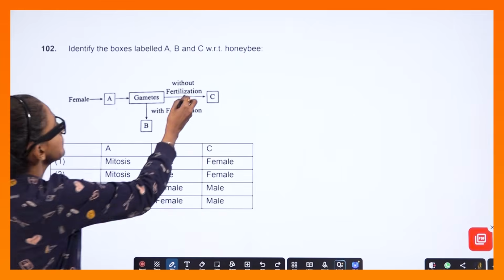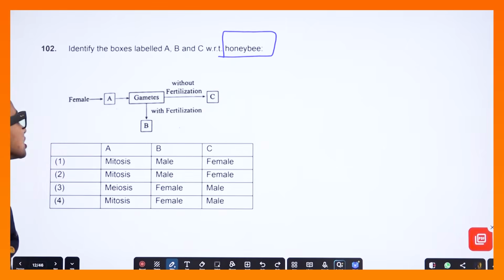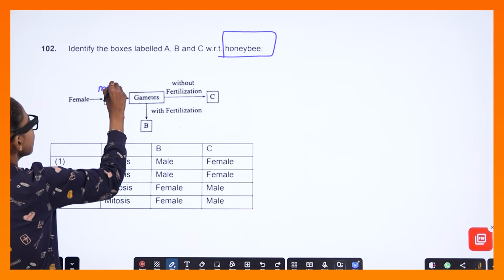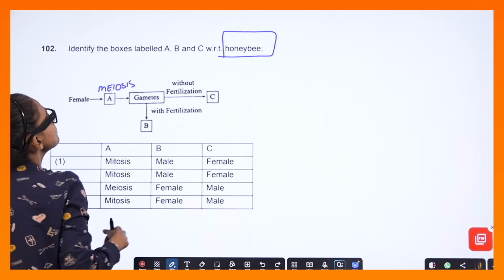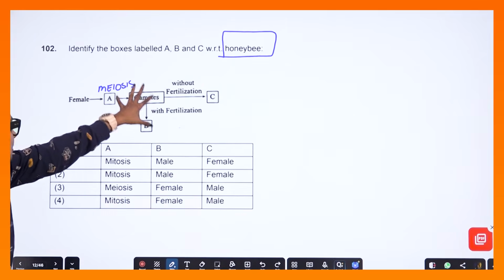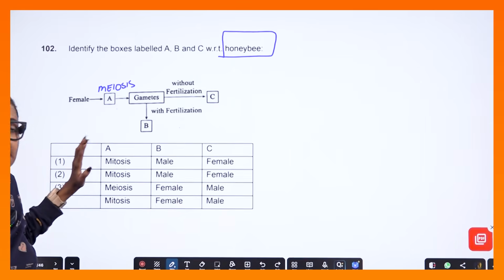Identify the boxes with respect to honeybee. Parthenogenesis, we'll keep that in mind. So suppose a female undergoes meiosis to produce gametes. This female can be the queen.